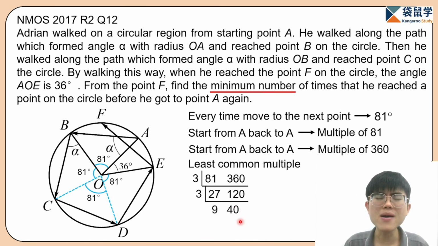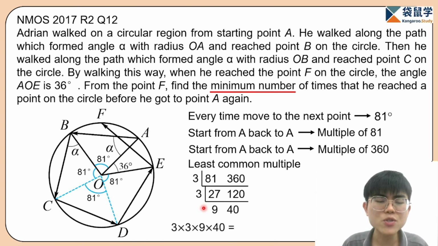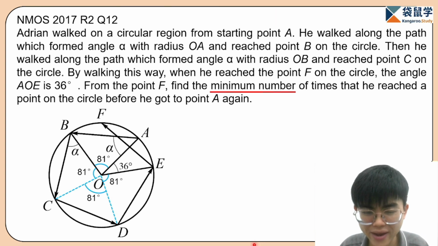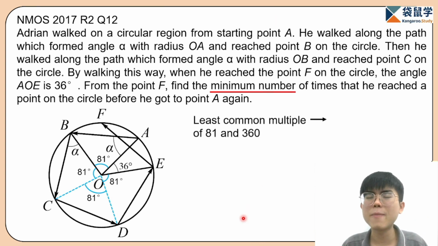Then for these two numbers, they are not able to divide anymore. So we have 3 times 3 times 9 times 40. And everyone can see that at this part, 3 times 3 times 9 is just equal to 81, times 40. So this is the least common multiple that we find here. So we say that the least common multiple is 81 times 40.